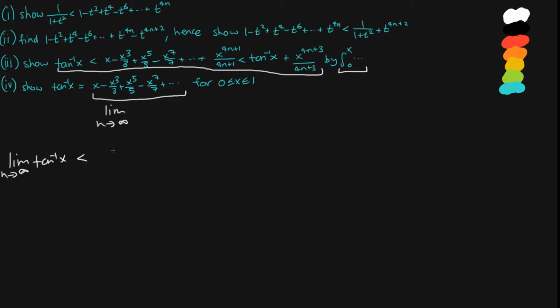When we take the limit of the middle section, there's just going to be an infinite number of terms. So it'll just be this series. And then on the right hand side, we'll have this thing.